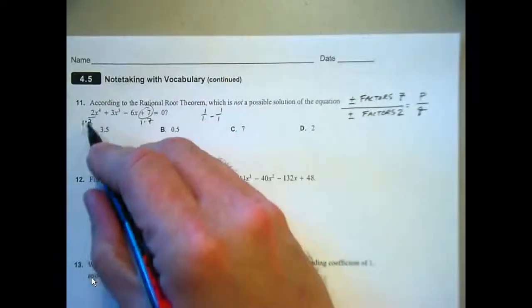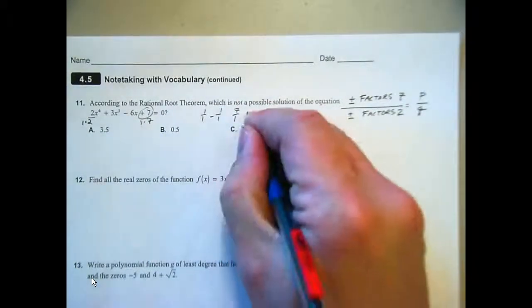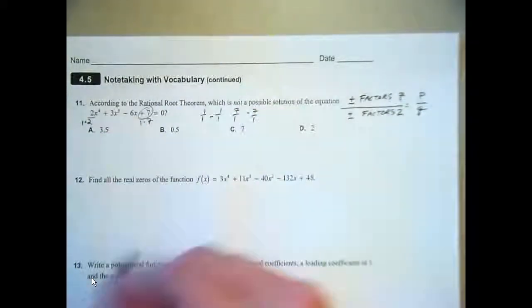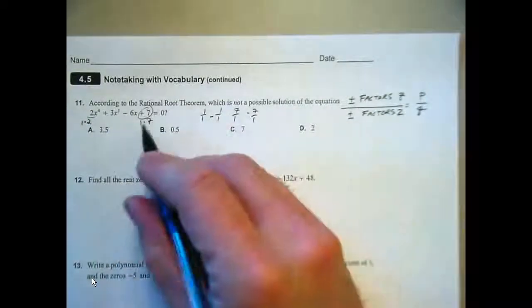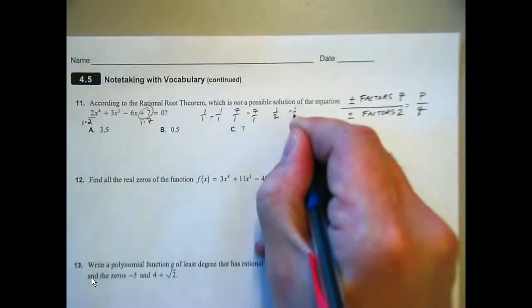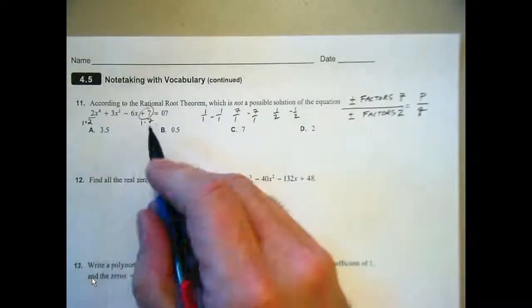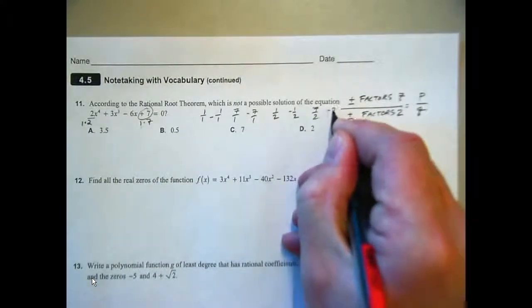You could have 7 over 1 and negative 7 over 1. You could have 1 over 2 and negative 1 over 2. And you could have 7 over 2 and negative 7 over 2.